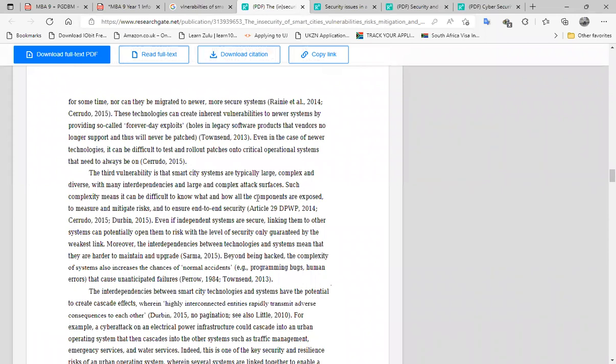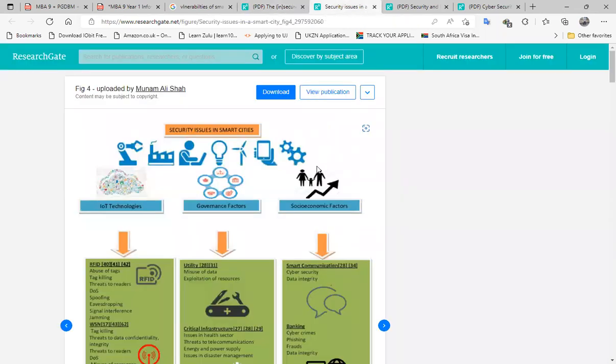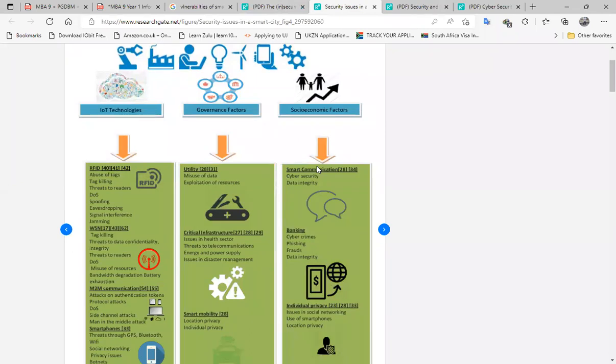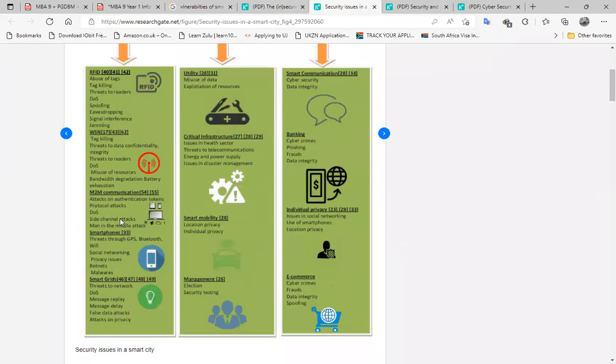So you see it's not talking about whether there might be hacking and so on. It's a bit complicated. Let's see. Now, this one is a diagram, but at least it can show you that there is malware and there are DOS, denial of service attacks.